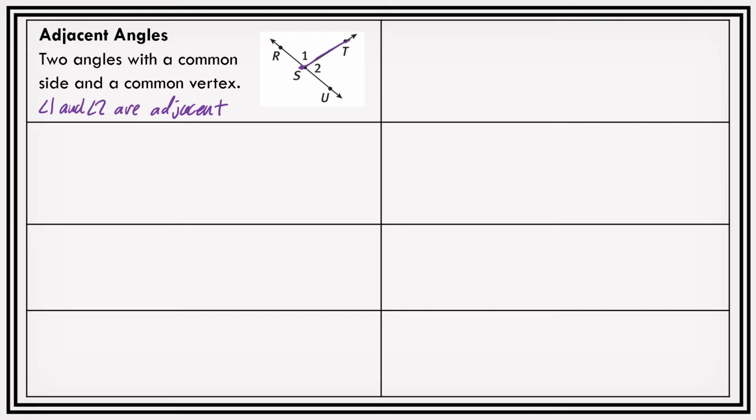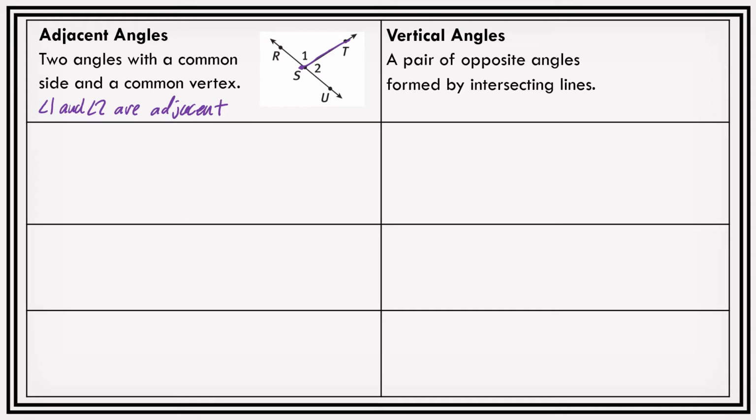All right, next we have vertical angles. Vertical angles are a pair of opposite angles formed by intersecting lines. So look at our example. Angle 3 and angle 5 are vertical angles. Also angle 4 and angle 6.